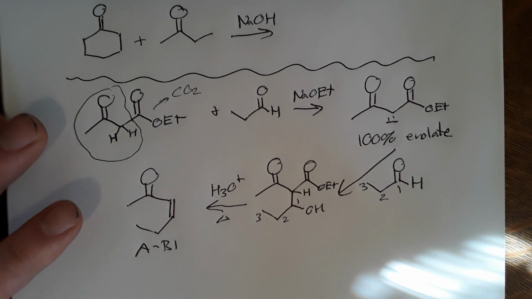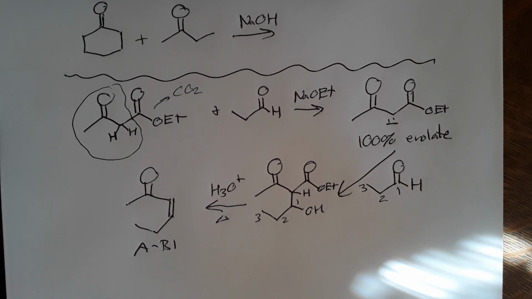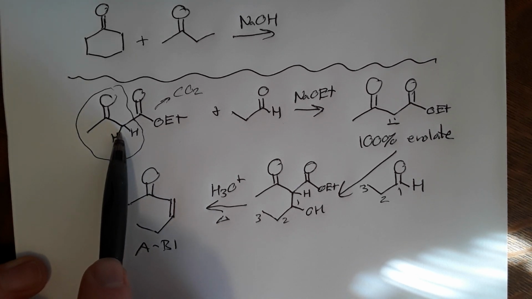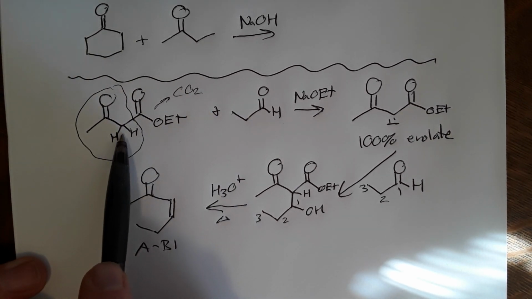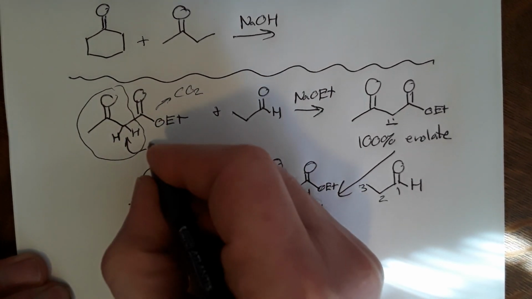Okay, so there are ways to get around the mess that we saw in the first problem. And one way to do that is to start out with one of the two carbonyls having very acidic hydrogens.